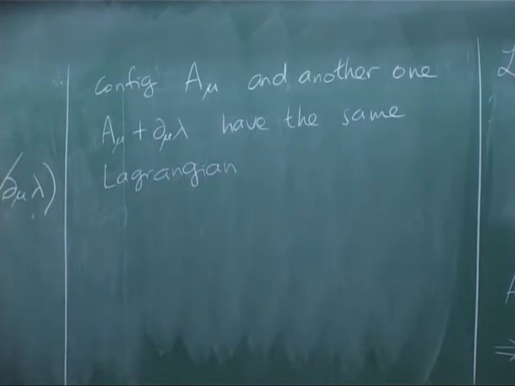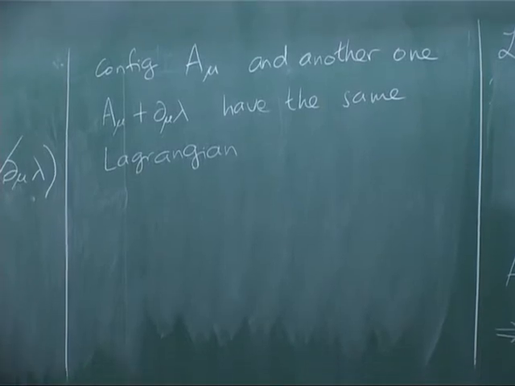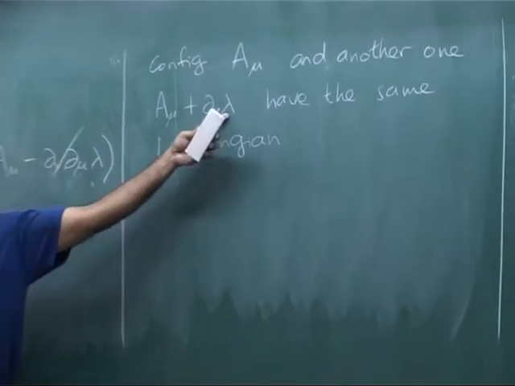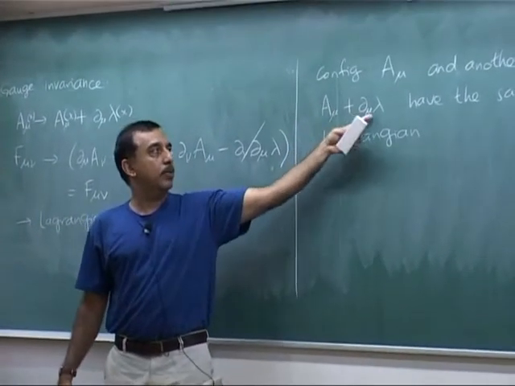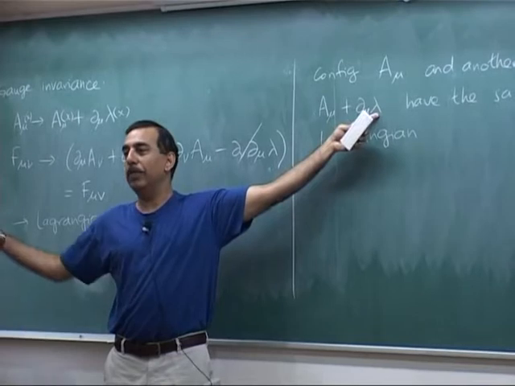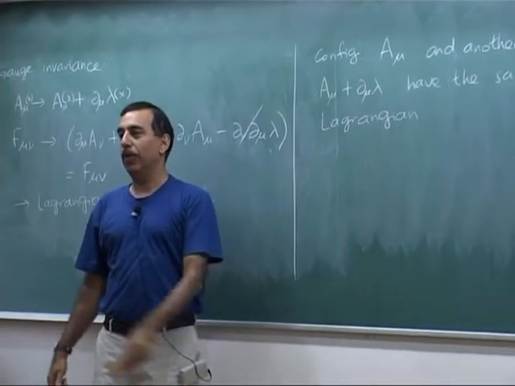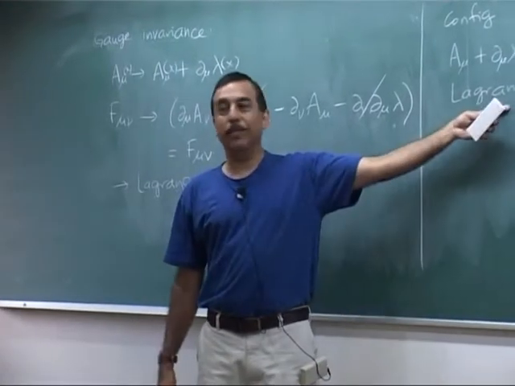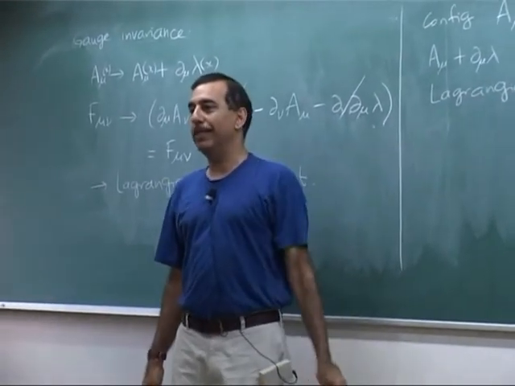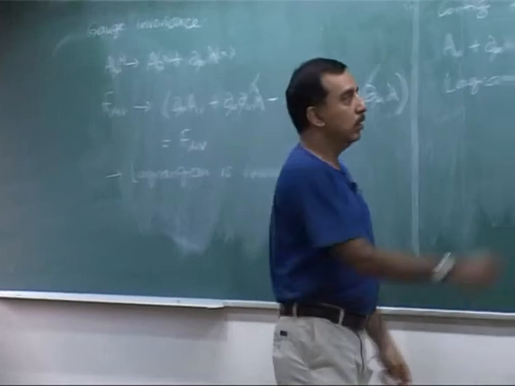And this is not just a finite parameter set of configurations, because lambda of x being an arbitrary function, I can take any configuration A mu and add to it a huge infinity of other configurations del mu of lambda for all possible lambdas, but it will have the same Lagrangian and therefore it will inherit the same dynamics.